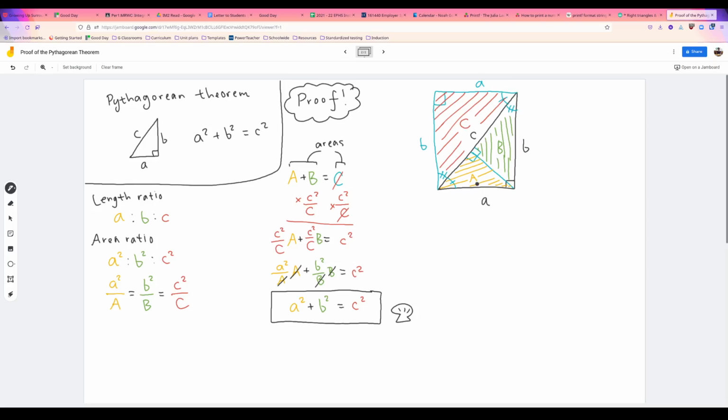Then we used similarity relationships to show that the areas had to be in a certain ratio. That allowed us to write down this handy-dandy equation. And then we used some algebra to show that when you combine the two equations together, you end up with the renowned Pythagorean equation, a squared plus b squared equals c squared. There you go. That is the proof of the Pythagorean theorem.